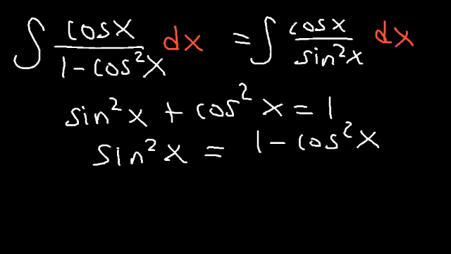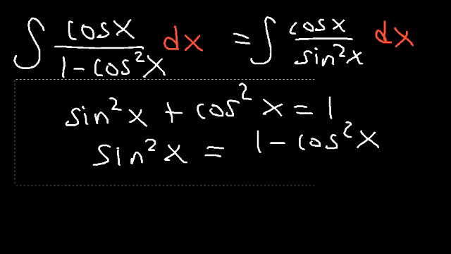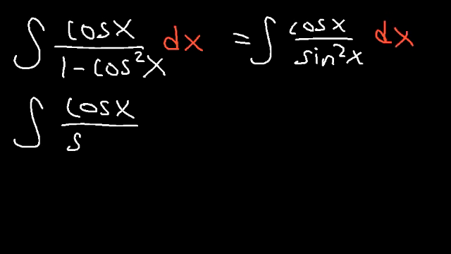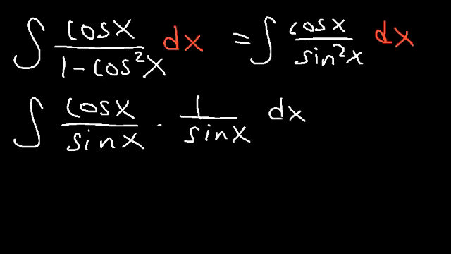Now what would you do at this point? What do you think we should do? What is our next step? Now it might be helpful to split this expression and rewrite it. Sine squared is basically sine times sine. So cosine over sine squared is equivalent to cosine over sine times 1 over sine, since sine times sine is sine squared.